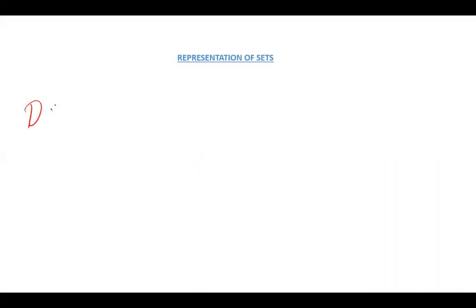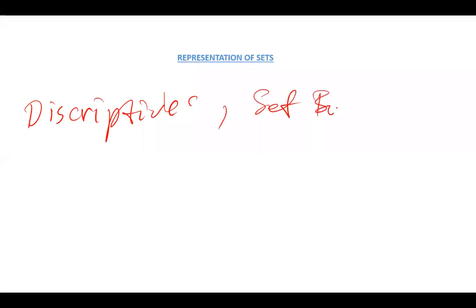There's the descriptive representation of a set, and then we also have the set builder notation. Apart from the set builder notation, you also have the roster notation. The roster notation is the one that always carries these kinds of brackets. Set builder notation also has these brackets, but it's a format which, for instance, you can give an example of.